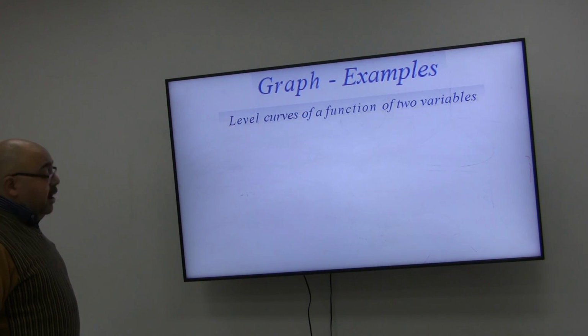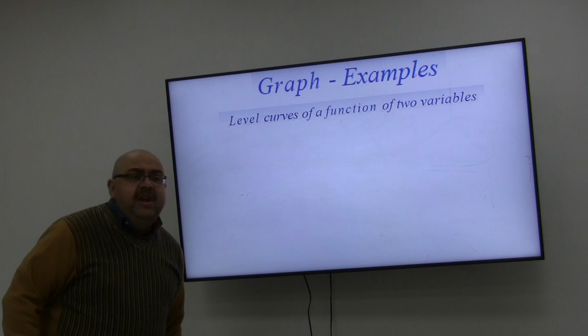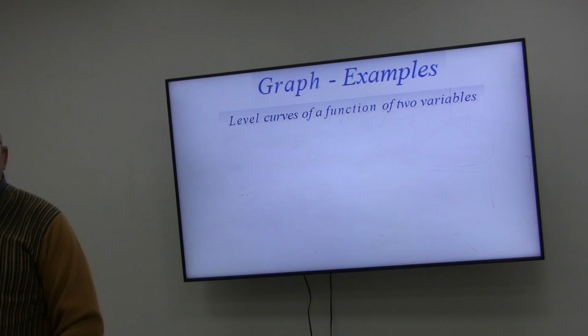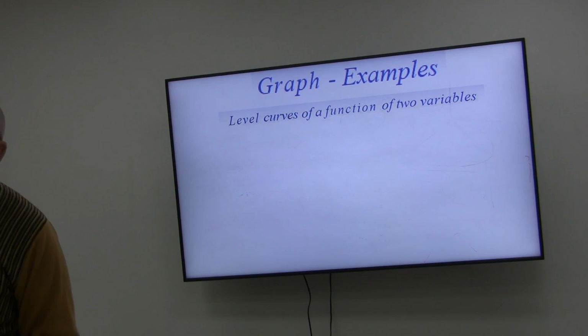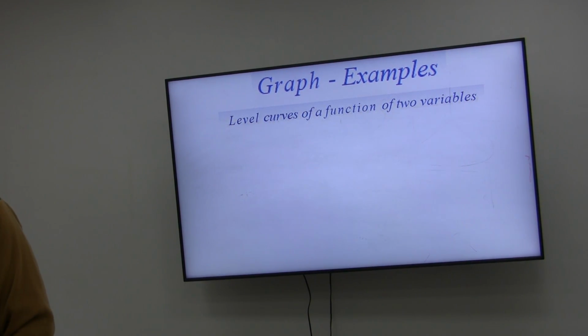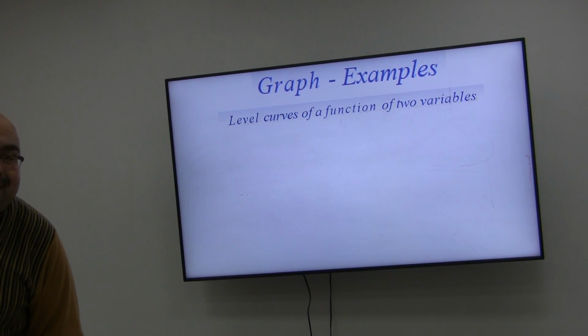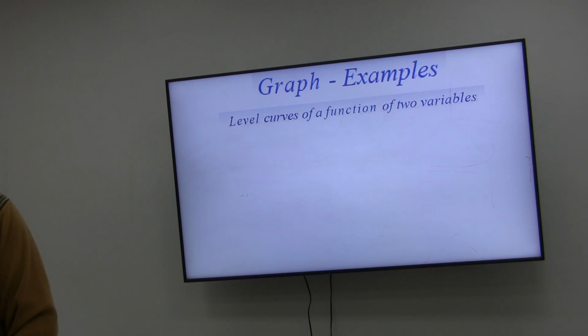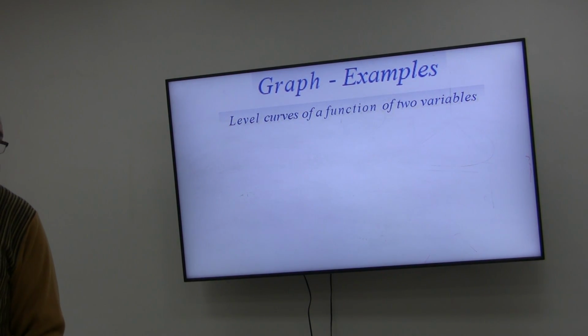Okay, now I will talk about something really very important, which is the level curve. I did pass through it, Ziyad, when we talked about these surfaces. If I make an intersection with any of the shapes, what's going to be the intersection?